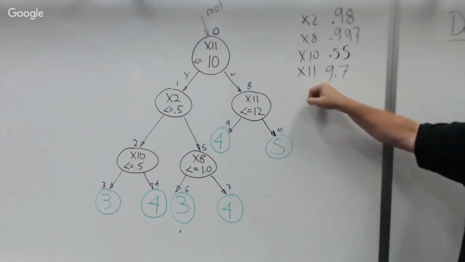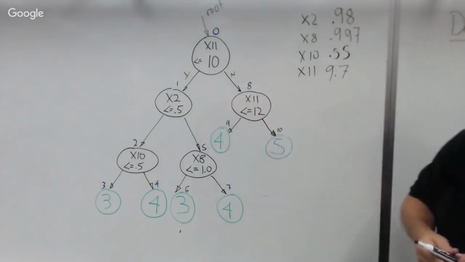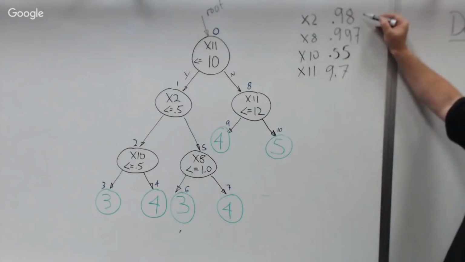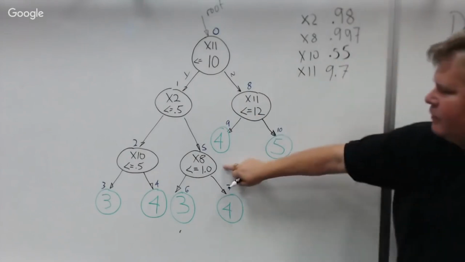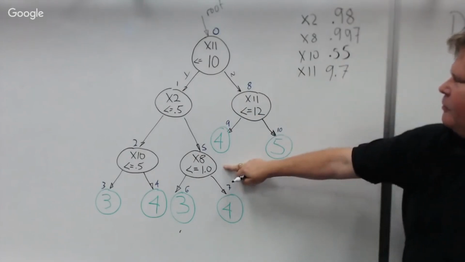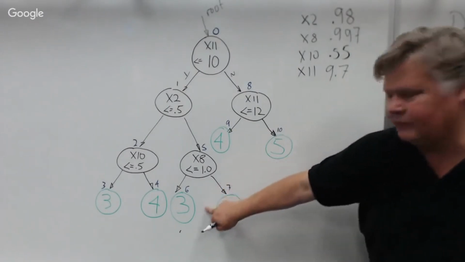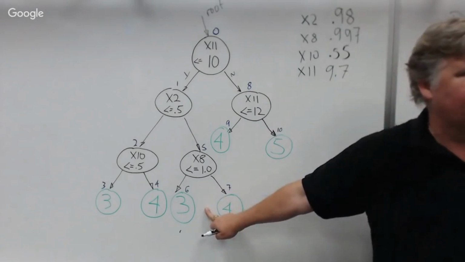So if it's less than 10, we're probably headed towards suckiness. Okay, factor 2, is it less than or equal to 0.5? No. So we're down here at this node. Factor 8, is it less than or equal to 1? Yes. Boom, answer is 3.